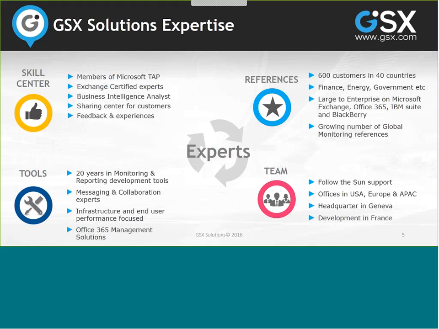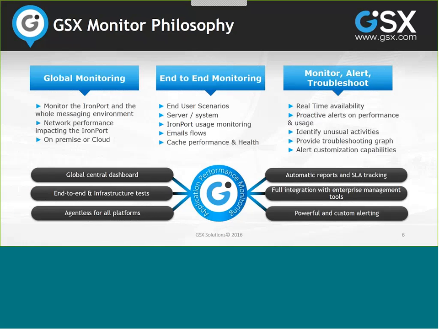So a few words about the GSX Monitor philosophy. Right before going to the IronPort troubleshooting, I want to explain a bit what GSX Monitor is. As I told you before, GSX provides its customers with agentless monitoring solutions that are designed to test applications as a user would do. On top of that, we collect every necessary statistic to troubleshoot any issue.